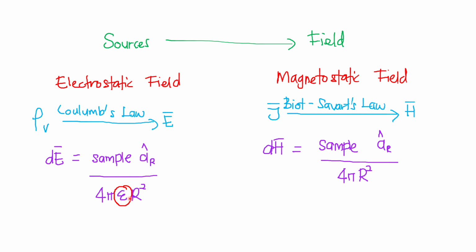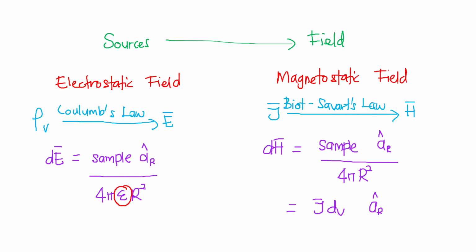So logically, this is moving, so epsilon won't exist in magnetostatic field. So I'm going to write this equation in a proper representation. Now let's have J dV replace the word sample, and we have aR here.